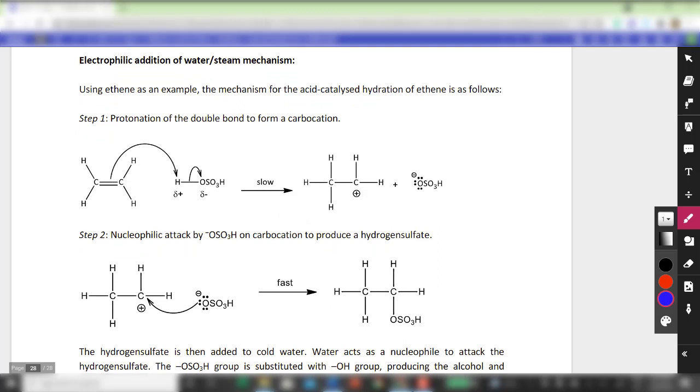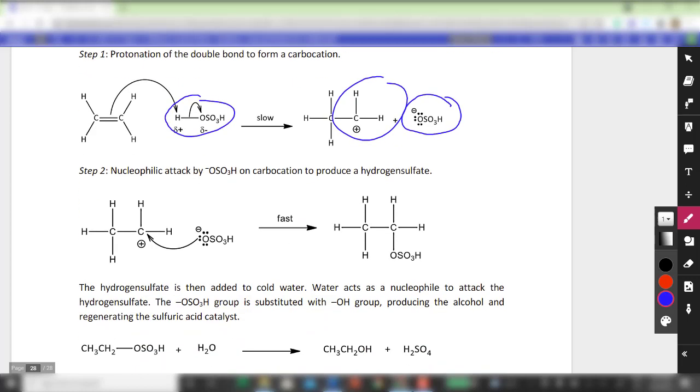The first step usually involves the electrophilic addition of H2SO4, and in the same way you generate a carbocation, and then the HSO4 minus, being a weak nucleophile, will attack the electron deficient carbon, and you will generate this interesting looking hydrogen sulfate species, which can be easily hydrolyzed in the presence of either alcohols or water.